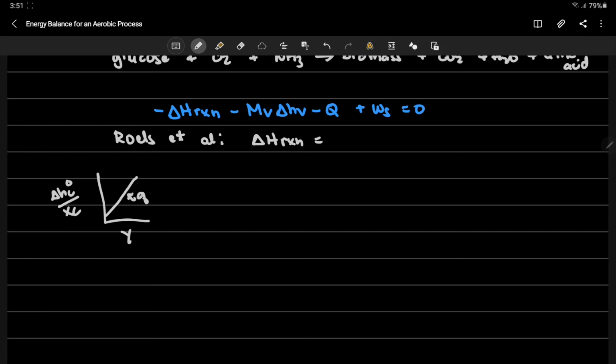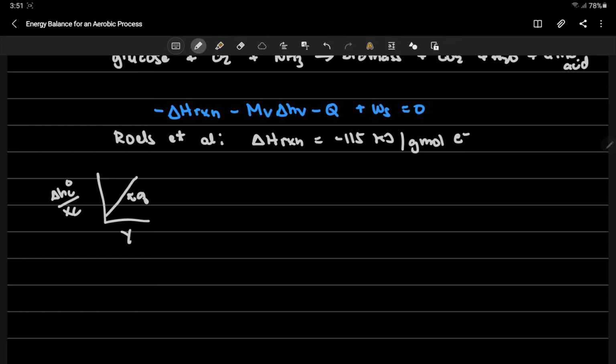And that Q, or heat, is the slope of the line, and that refers to the enthalpy of reaction. Okay? So, this value of the slope is constant. Nakita nyo sa pagka-straight line ng graph. And according to Rowells and company, they take that slope, or the value of Q, is minus 115 kilojoules, okay, per mole of electrons. All right, electrons transferred to oxygen.